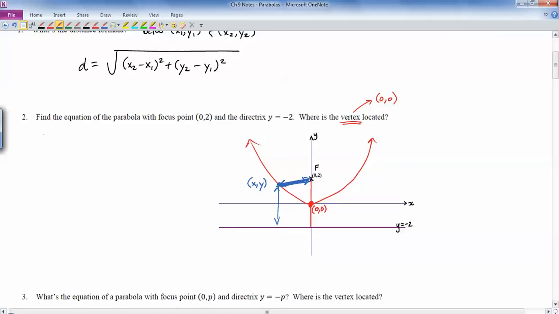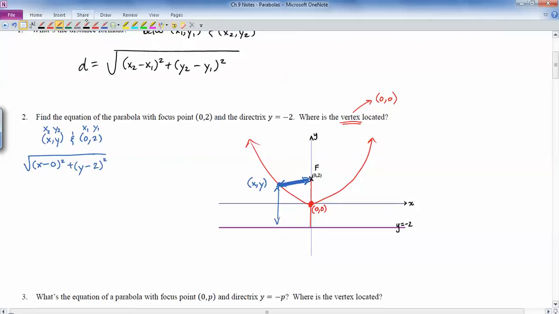We want the distance between (x, y) and (0, 2). I'll make this one the (x2, y2), and this one the (x1, y1). So the distance between them is the square root of (x minus 0) squared plus (y minus 2) squared.